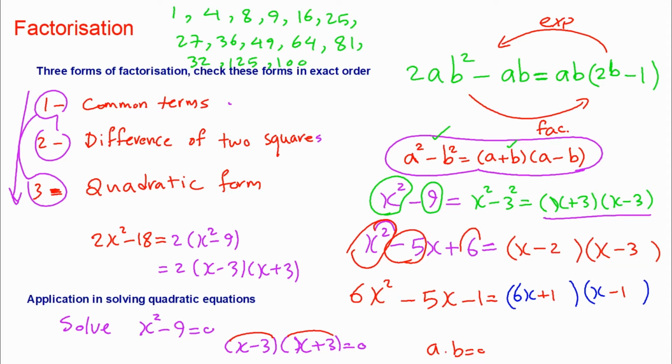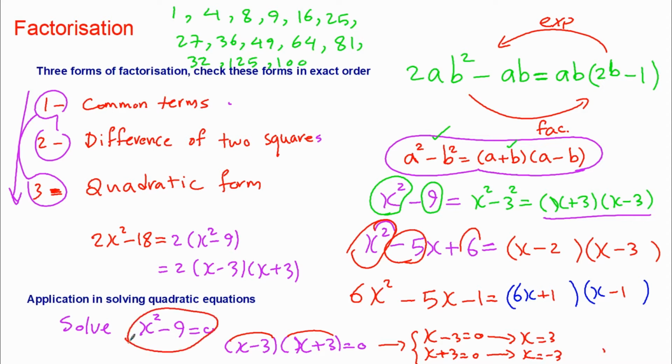So we could use this logic and say, from here this could be either x minus 3 has to be equal to 0, or x plus 3 has to be equal to 0. And from here, take the minus 3 to the other side, x equals plus 3, and from here x equals minus 3. So x equals plus 3 or minus 3 would satisfy this equation.